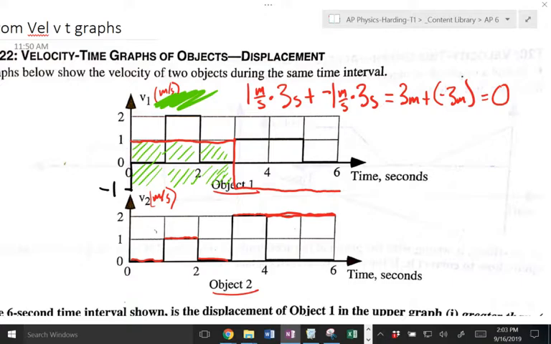We want the boxes that are... Because right now I'm saying these boxes are the boxes that are below the line. But that's not correct. Let's adjust this. We need to say what? The boxes that are what? That's what I'm asking you to run by your neighbor real quick.